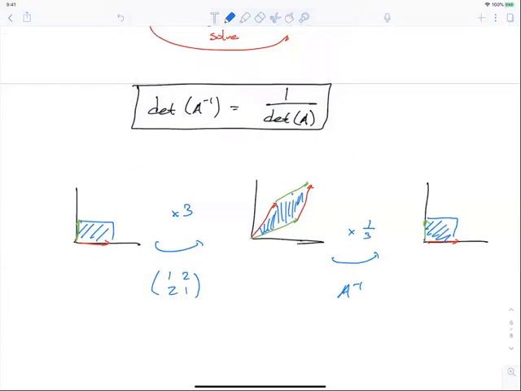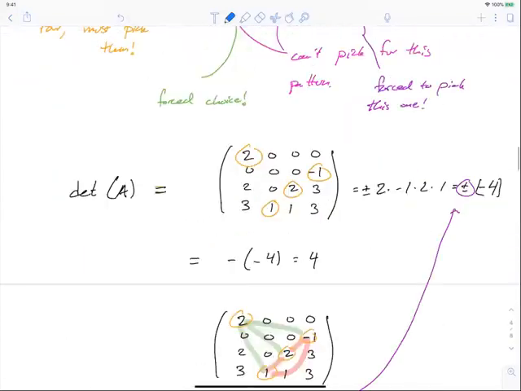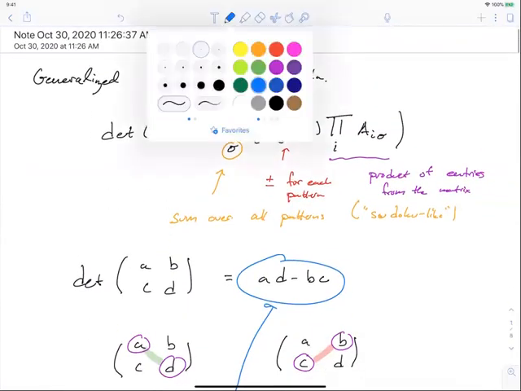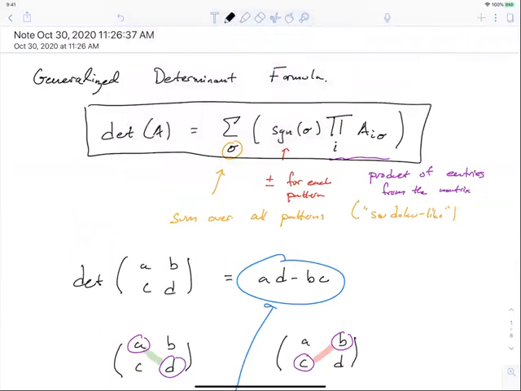So all these properties are really useful, not only to compute determinants of products of matrices and related matrices, but you can also combine them to create some nice novel facts. So just to recap for today, we have this generic formula right here that's very crazy. You're not expected to memorize this, but you should know how to use this. You should practice it with a few 4x4s and know how to apply it.